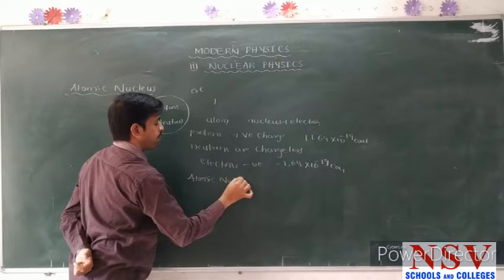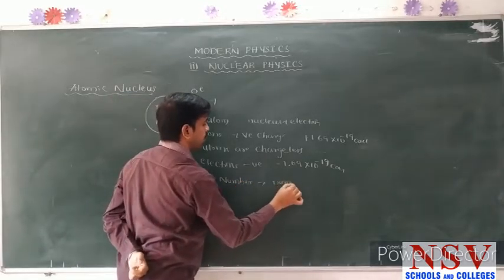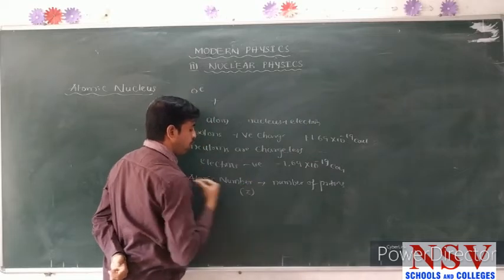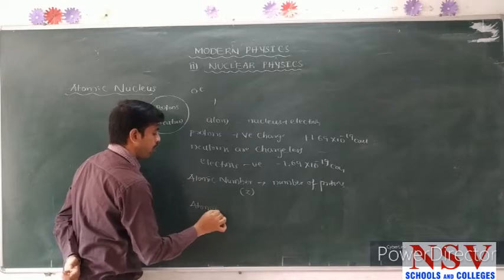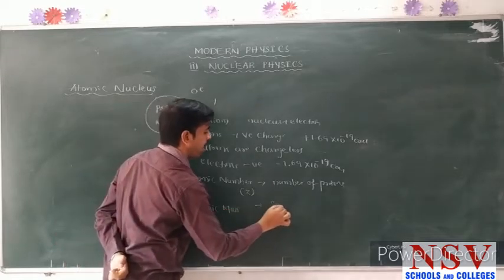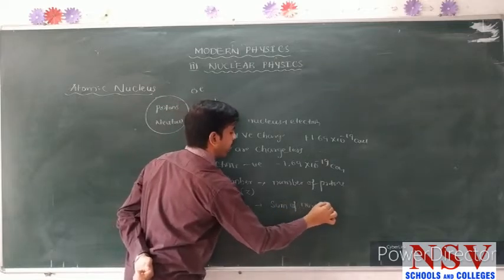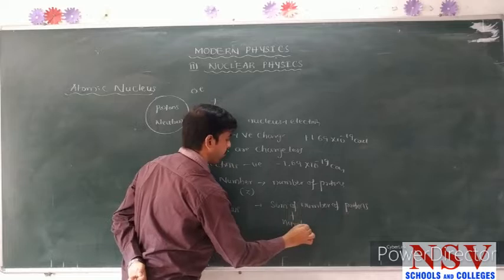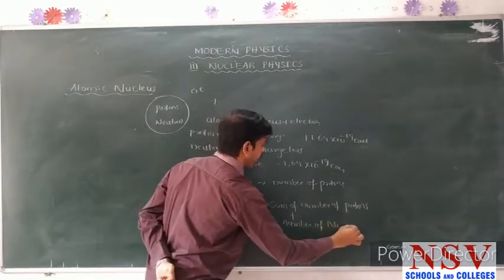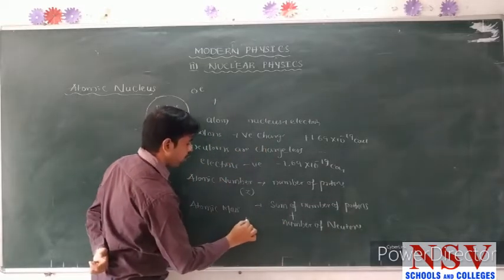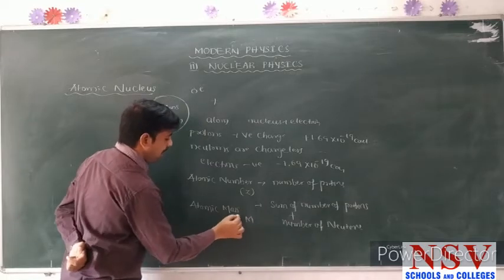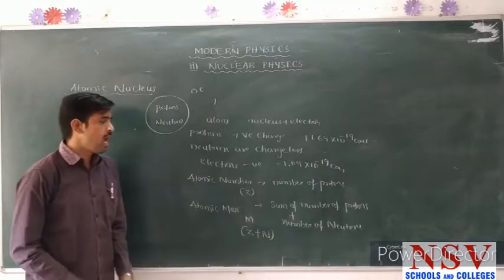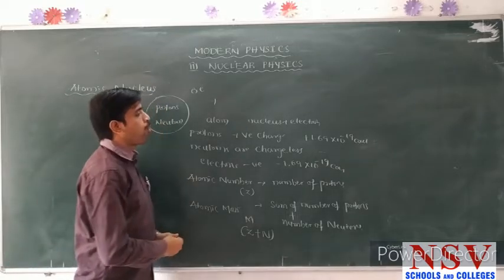Atomic number we denote with the letter Z. Next, atomic mass is the sum of the number of protons and the number of neutrons. We denote it with the capital letter N. Now I will explain the basic properties of the nucleus.